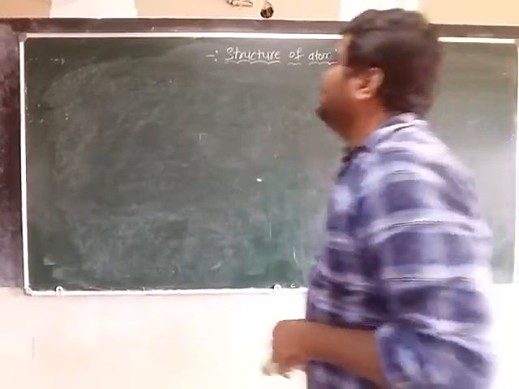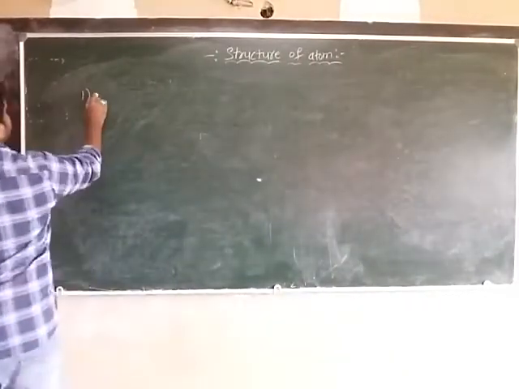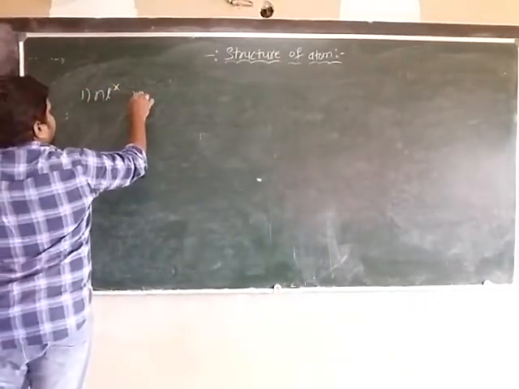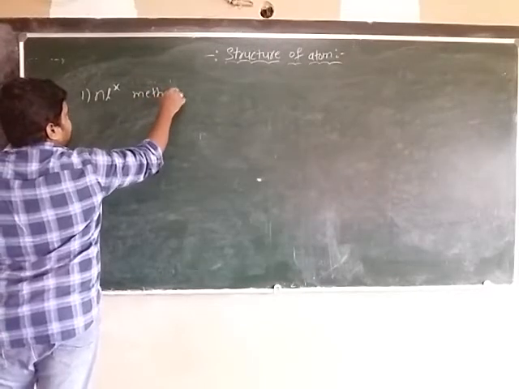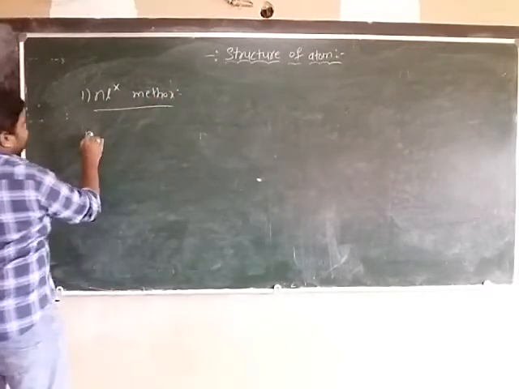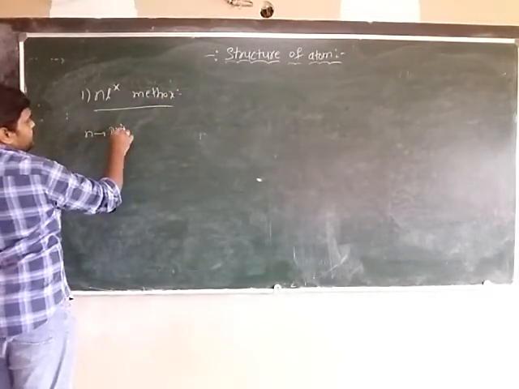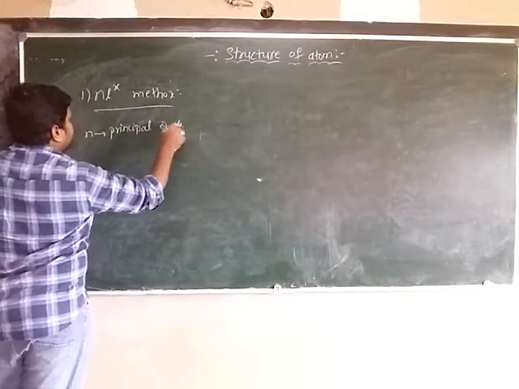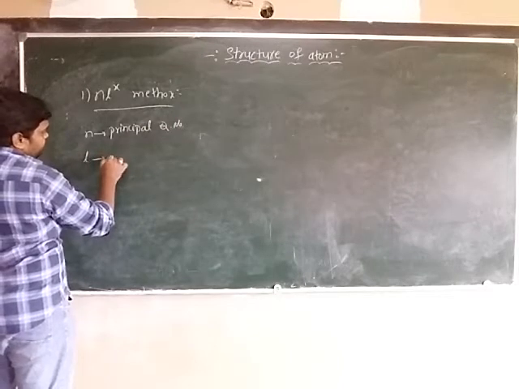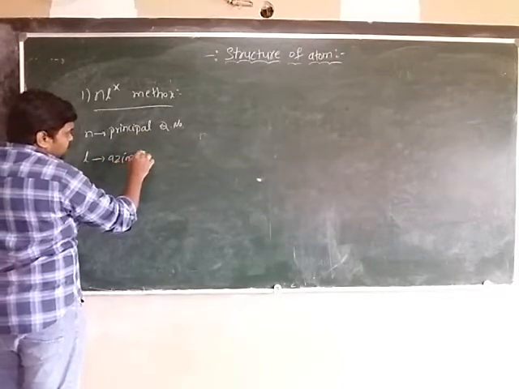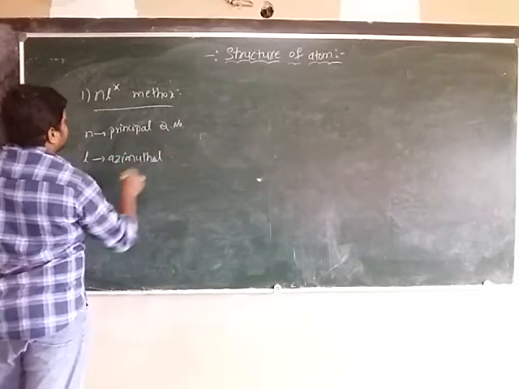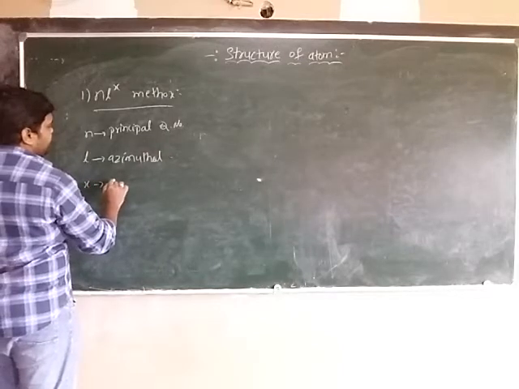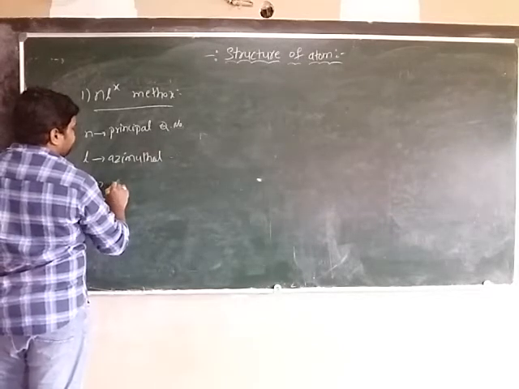First, the NLX method. What is the NLX method? N is the principal quantum number, L is the azimuthal quantum number, and X is the number of electrons.